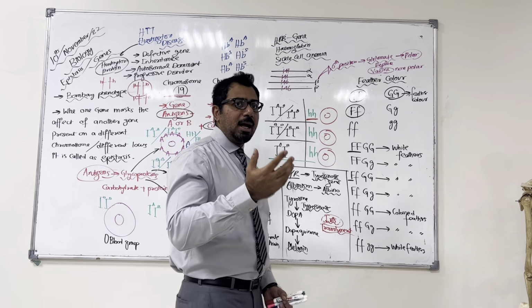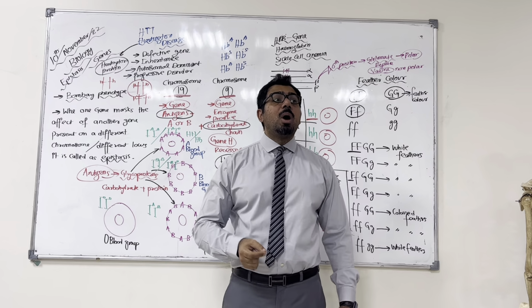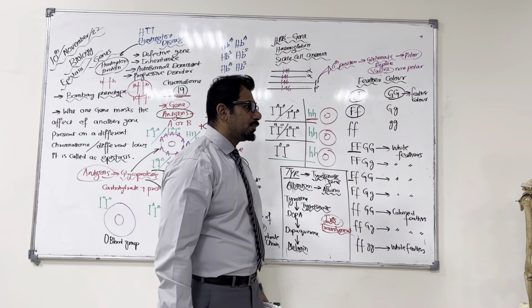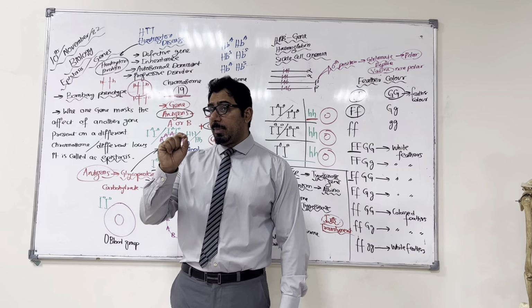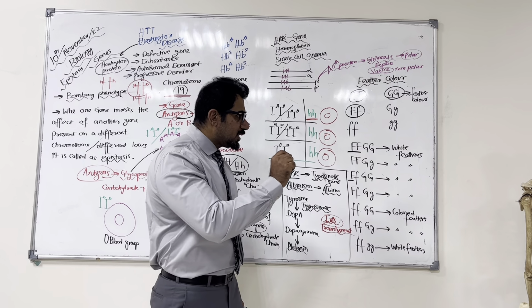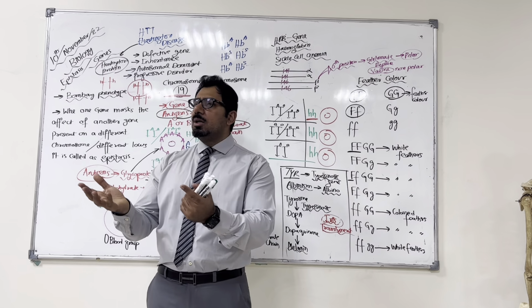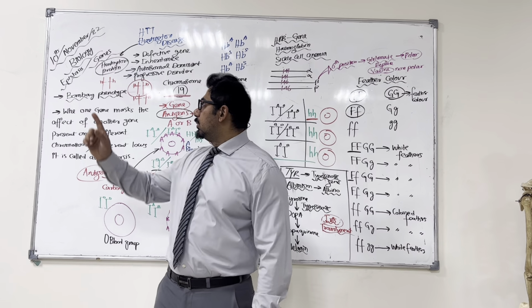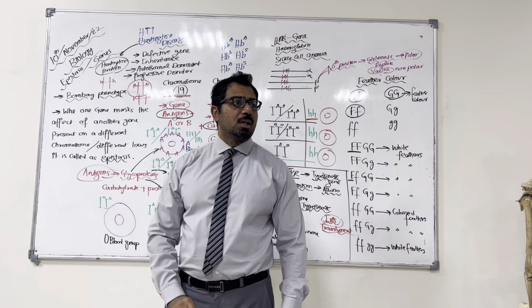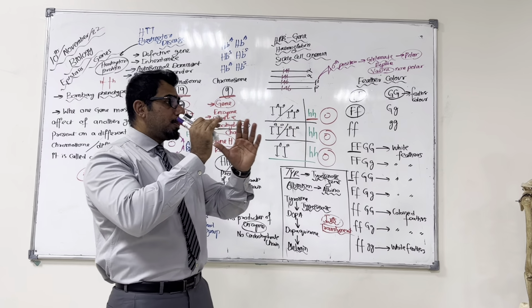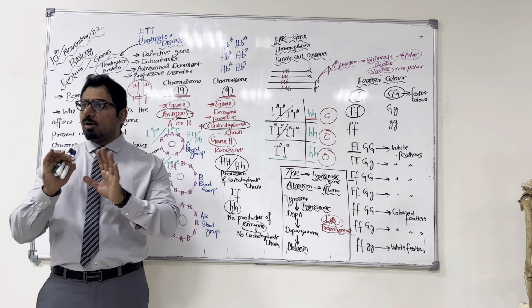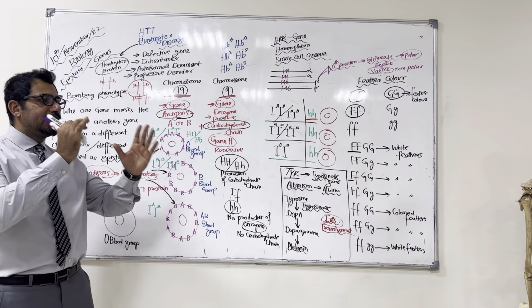Let's suppose that a man who has Huntington's genes, and he is homozygous dominant for that, marries a woman who is 100% normal. All of their offspring will have Huntington's disease.